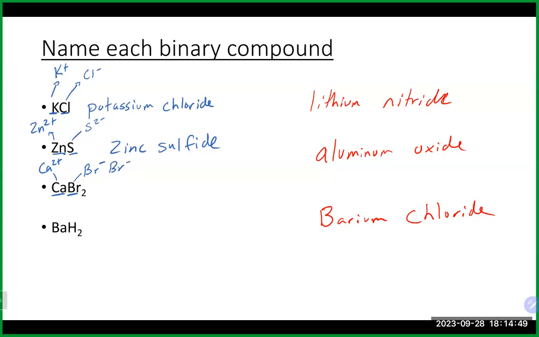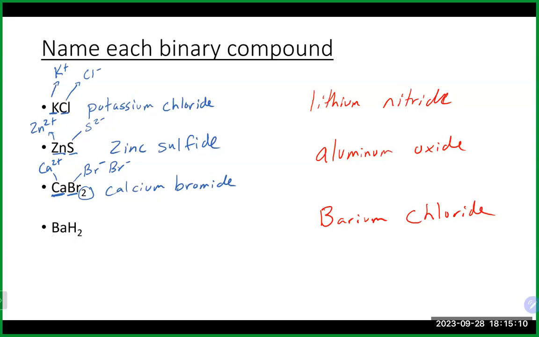But again, it is the metal that is most important here. Because it has a fixed charge, we use the whole name of the metal, which is calcium, and the back end is bromide. The 2 has no effect on the actual naming of the compound. Any questions on those?